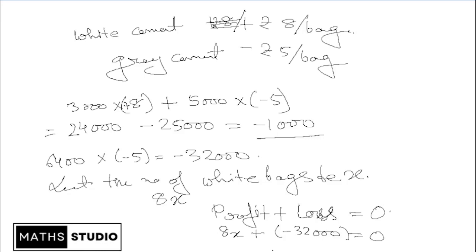We'll be studying linear equations in the next chapter. Whenever a number changes its side from one side to another, the sign changes. So the minus 32,000 goes to the other side, and we get 8x equal to plus 32,000.